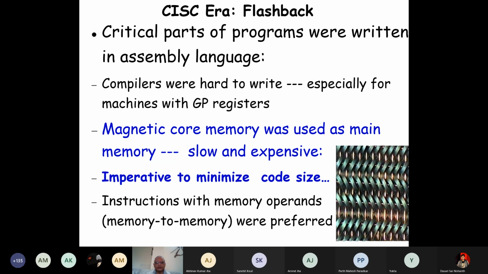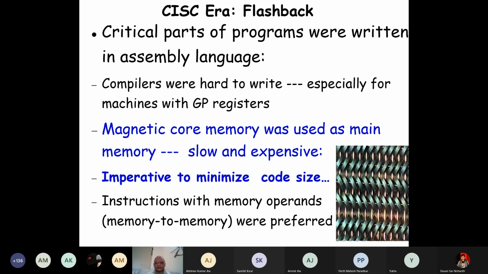And since the memory was so slow, if the code size is large, then just to fetch the instructions will take a long time. And also the storage of this core memory was very small.